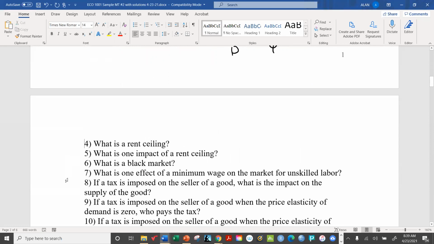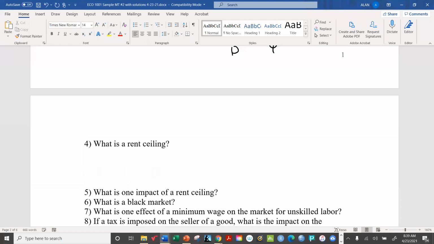All right, now we're getting into the government interferences down here. And so a rent ceiling is a maximum price that may be charged for a good or service. Oh, sorry, rent ceiling.